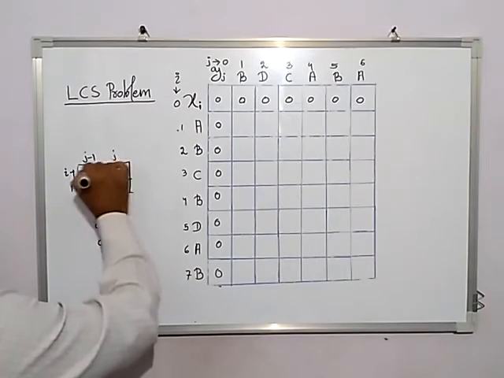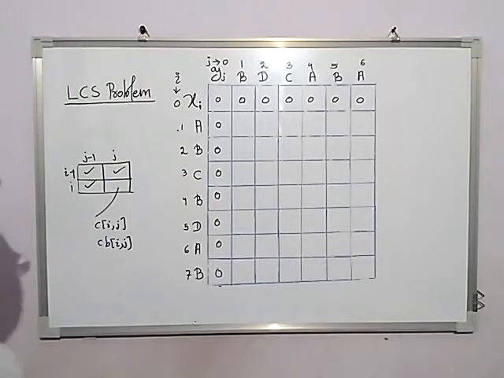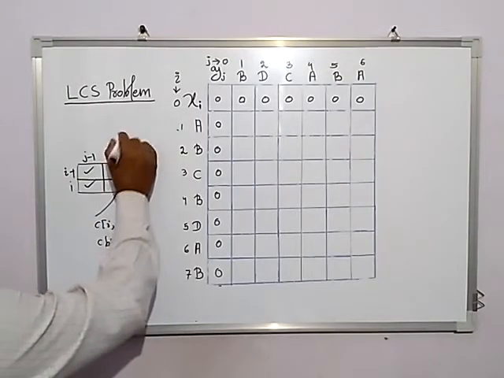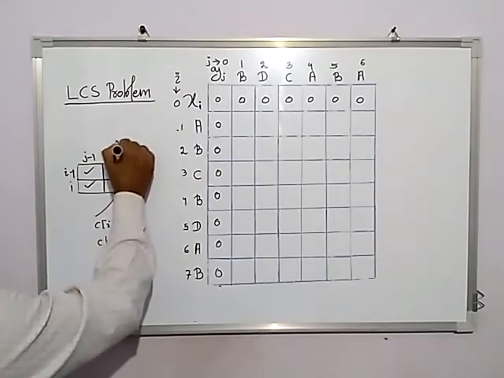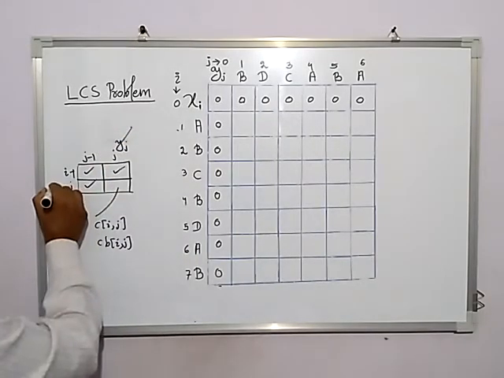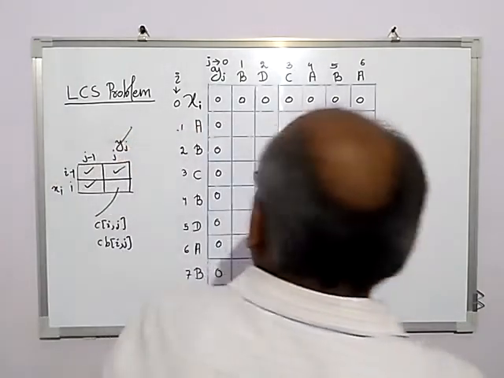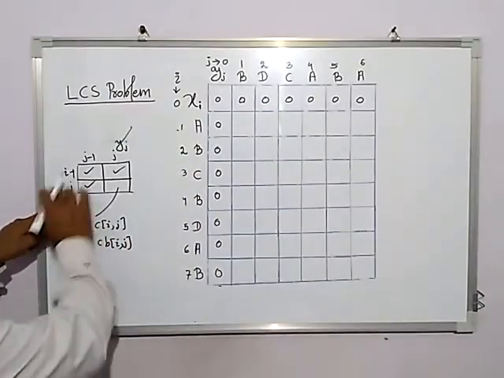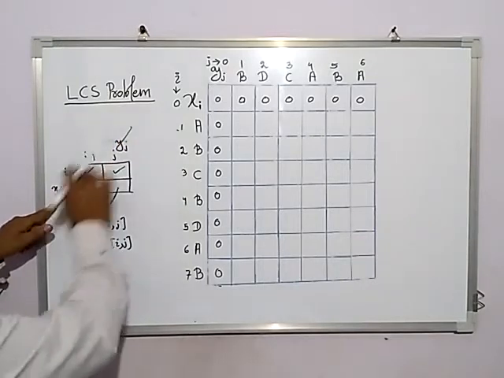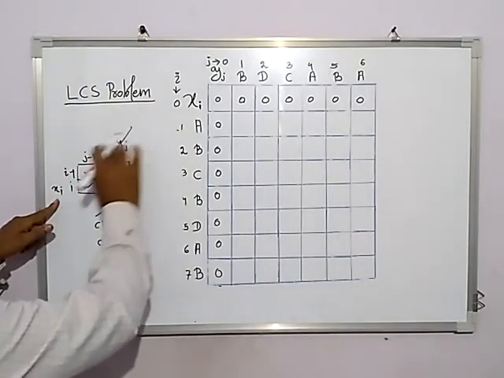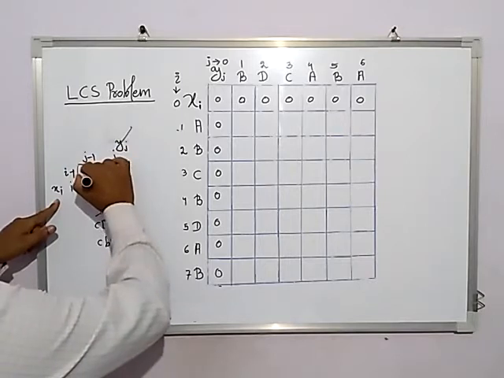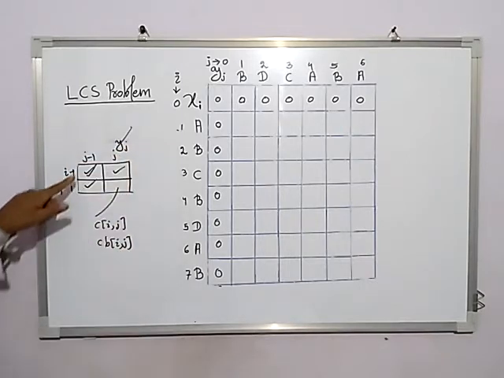If this value and this value are given, how can you find out this one? So suppose here we consider the column element yj and the row element xi. How can you fill up the table? First you see xi equal to yj, means row element equal to column element. If row element equal to column element, then you consider the diagonal neighbor box value plus 1.